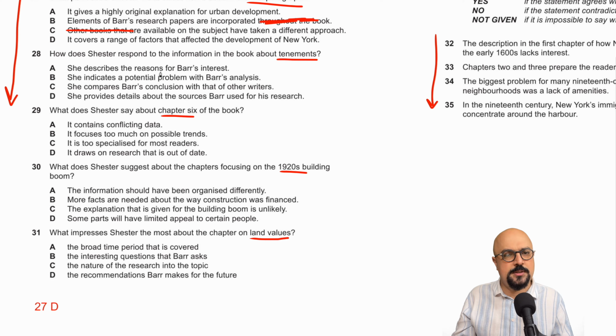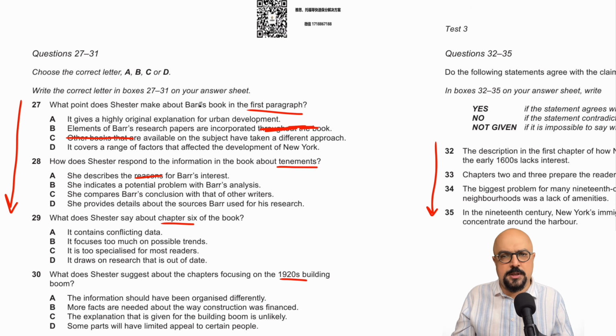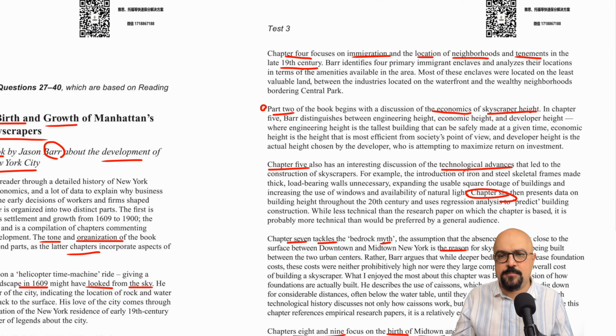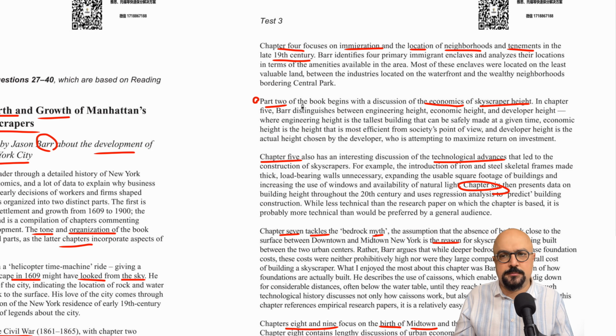She describes the reasons. No, there were no reasons there. She indicates a potential problem with Barr's analysis. She compares Barr's conclusion with that of other writers. She provides none of these. Maybe there's more information afterwards. Part two.